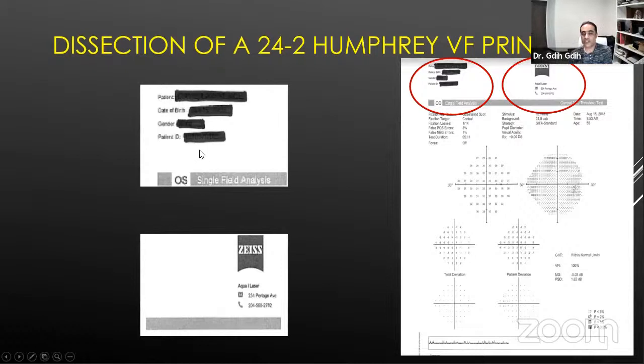All of this information is very important. First of all, you need to identify the patient. You may have someone else with the same name, and you'd be interpreting the wrong patient.